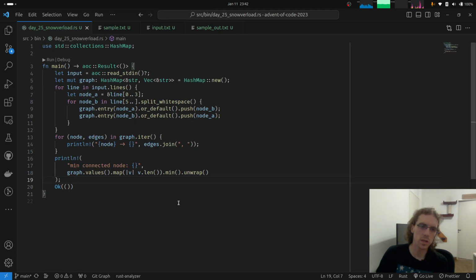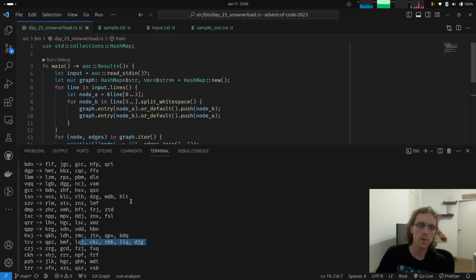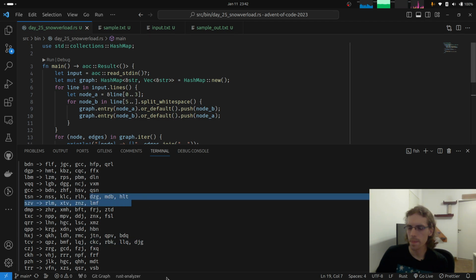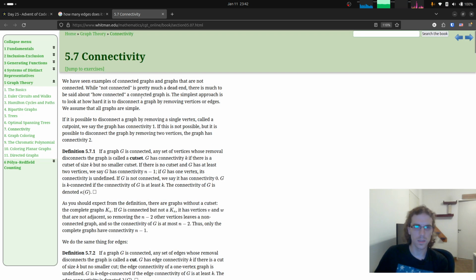But we have also seen that there are some things that have more connections. But okay, how do we go about this? Connectivity. This is kind of from a book, it looks like. We have seen examples of connected graphs and graphs that are not connected.